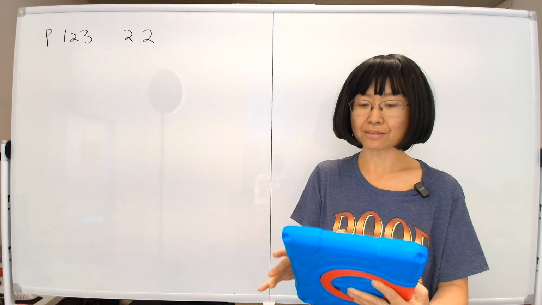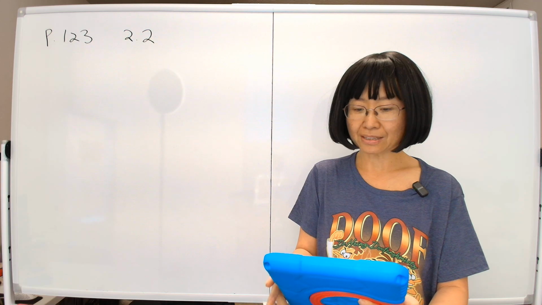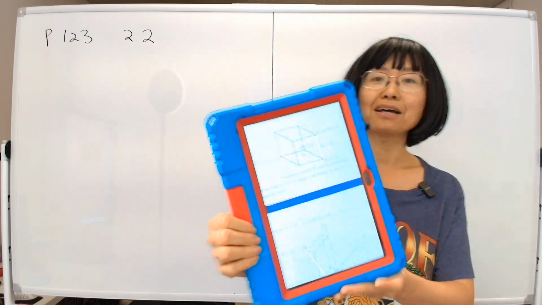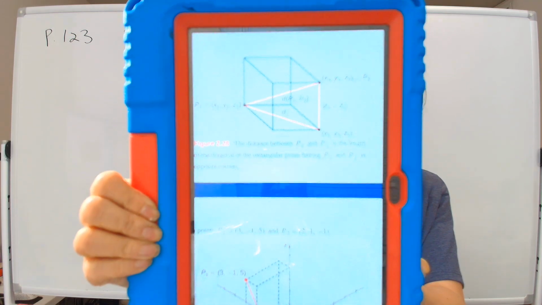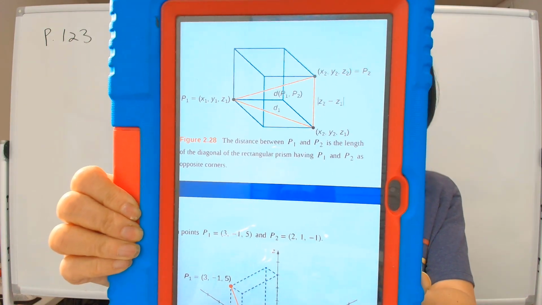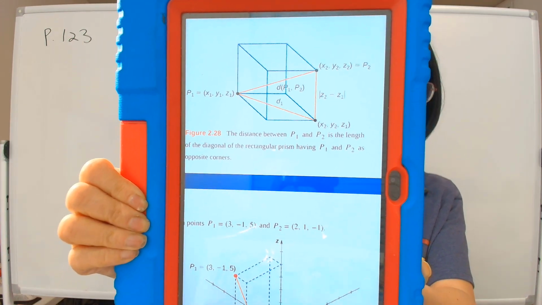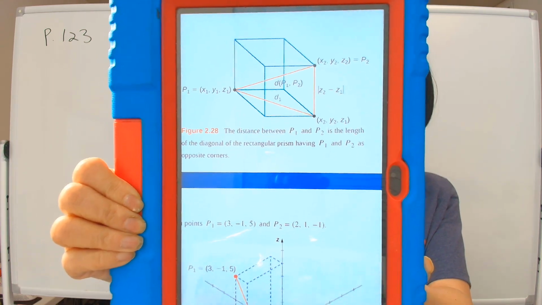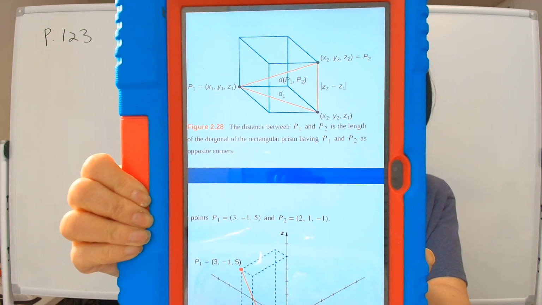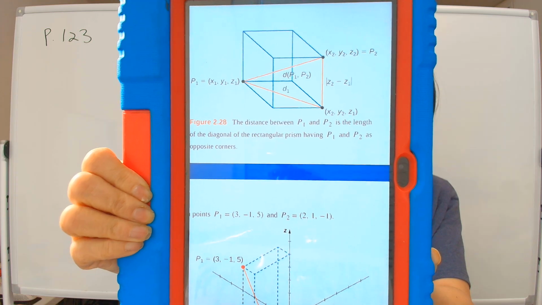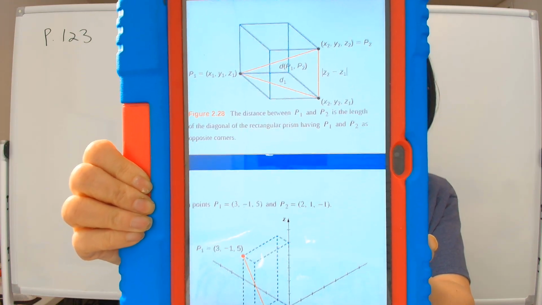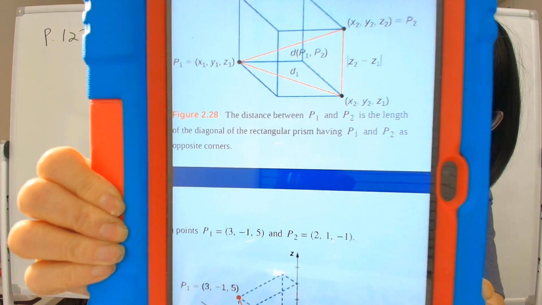The proof of that theorem is on the next page, page 127. You've probably done it already. You have 2 points, P1 and P2, in space, but basically they're the corners of some box. How would you calculate the distance? First, you calculate the distance of the bottom diagonal, D1.